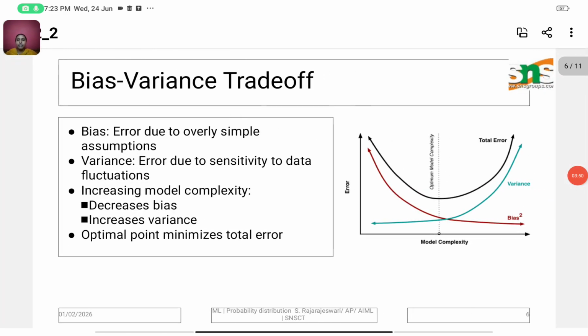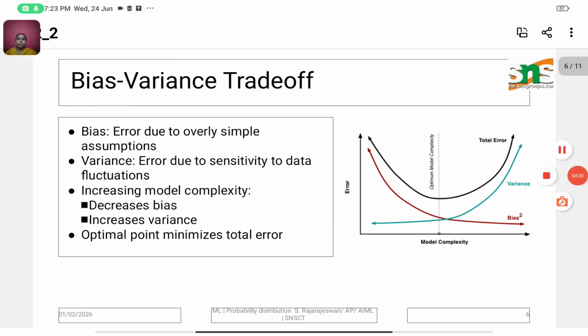The next thing is the bias and variance trade-off. Bias is error due to overly simple assumptions, and variance is error due to sensitivity to data fluctuations. Increasing model complexity decreases bias and increases variance, and the optimal point minimizes total error.